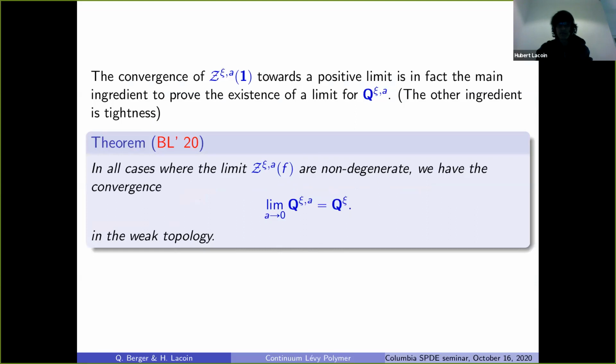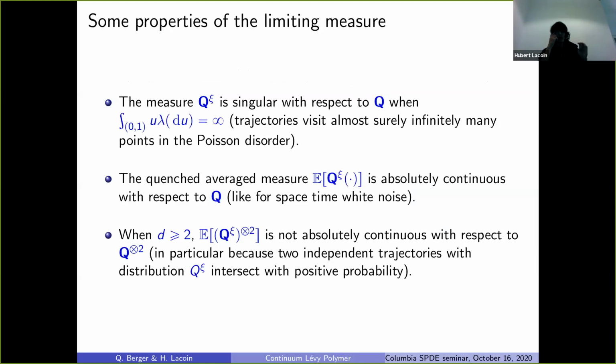So before going back to the discrete polymer, I want to say something about this measure. The first observation is that this measure is singular with respect to Q in the cases where u is not integrable at 0.